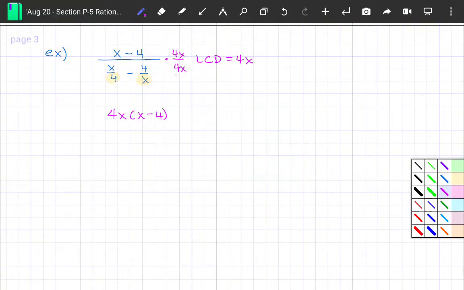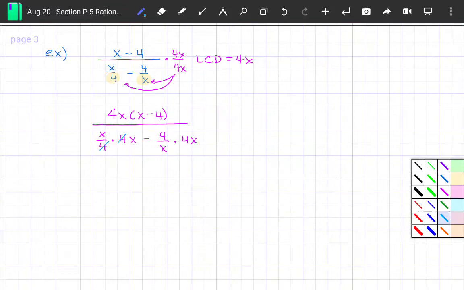But in the denominator, that 4x is going to distribute to both fractions. So we're going to have x over 4 times 4x, and then 4 over x times 4x. By multiplying by the LCD, we're going to have some stuff cancel.